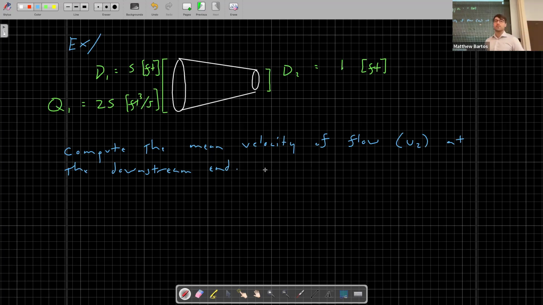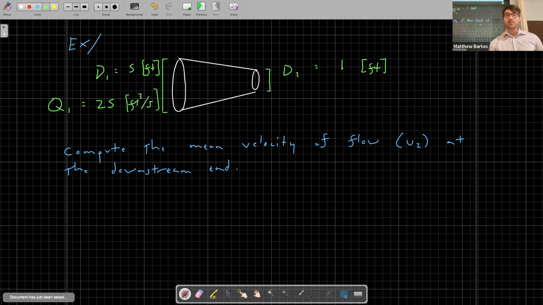Okay, so first of all, do we know what the discharge is at the downstream end of the nozzle? Yes. What is the discharge at the downstream end of the nozzle? Yes. It's the same as Q1.